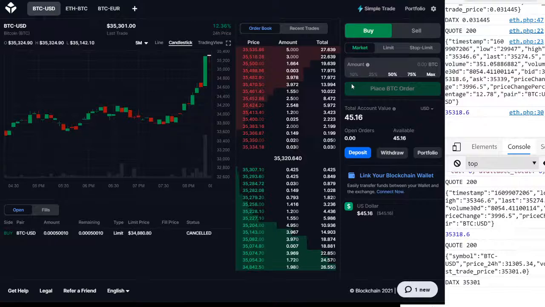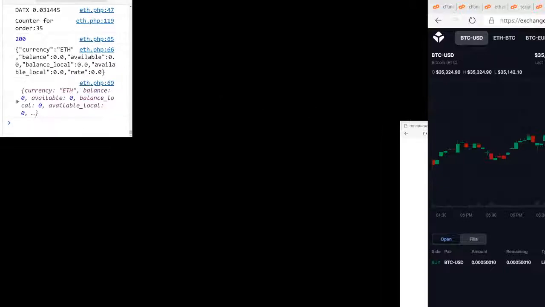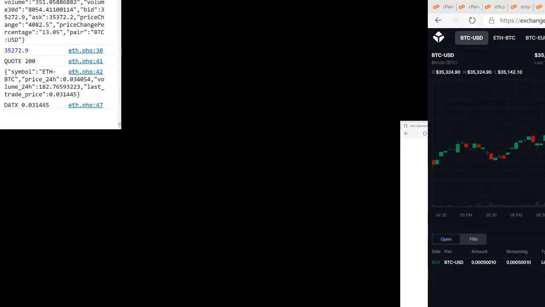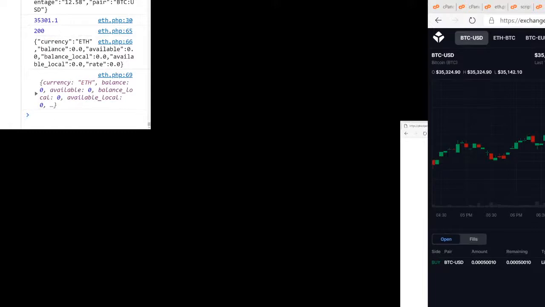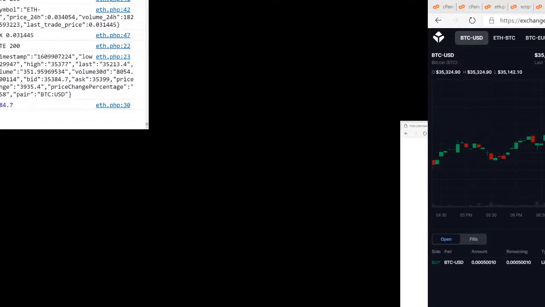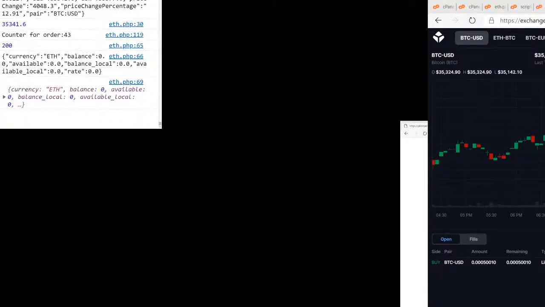I actually decided we're going to switch sides and spread it out just a little bit. There you go. A little more legible.